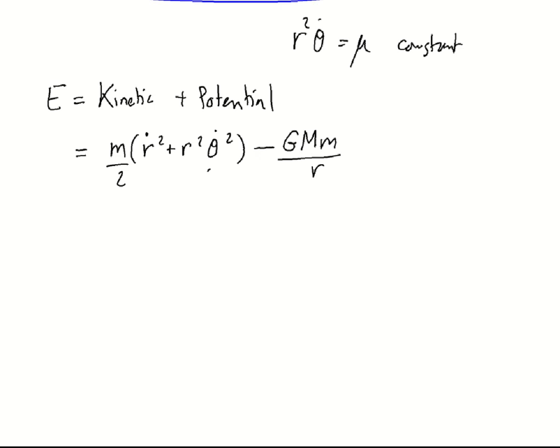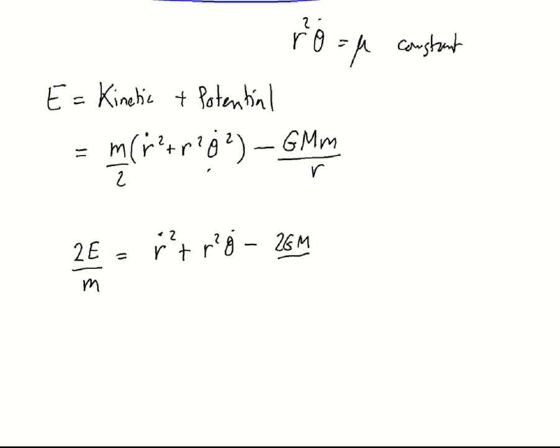So if I just do a couple of bits and pieces with this. First of all, I'm going to simplify this a little bit, because what we're going to be interested in is really the behavior of the planet.